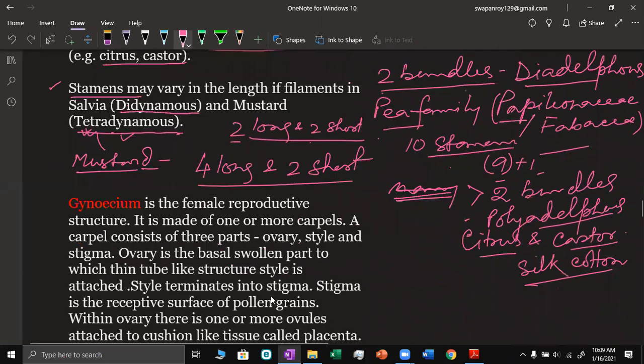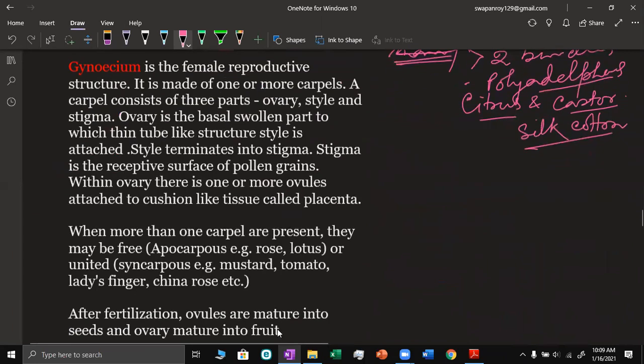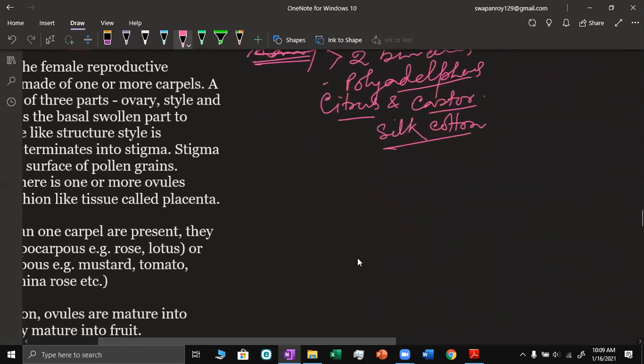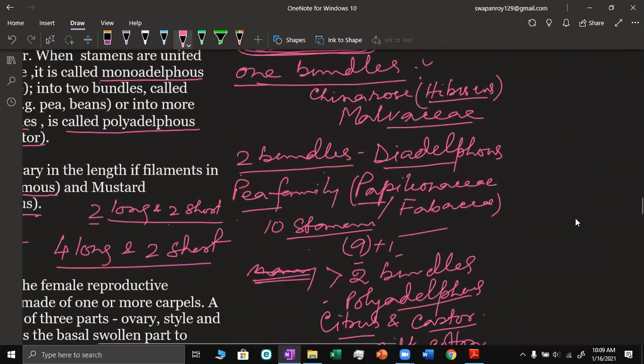In the Tetradynamis condition, the diagram will be like this, they are free, four long and two short.